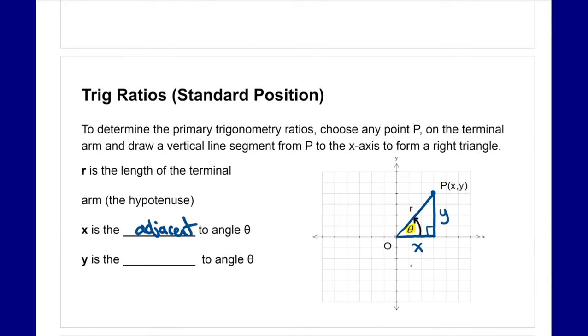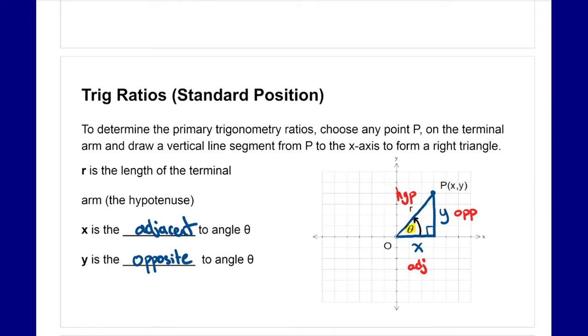So x is another word for the adjacent. y is the opposite. It's across from that angle. And then r we said was the hypotenuse because it's the longest side, and it's also across from the 90-degree angle. So now hopefully you can see how we can come up with trig ratios for standard position.